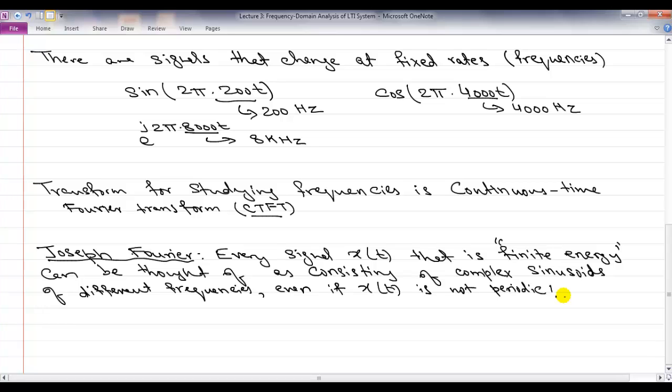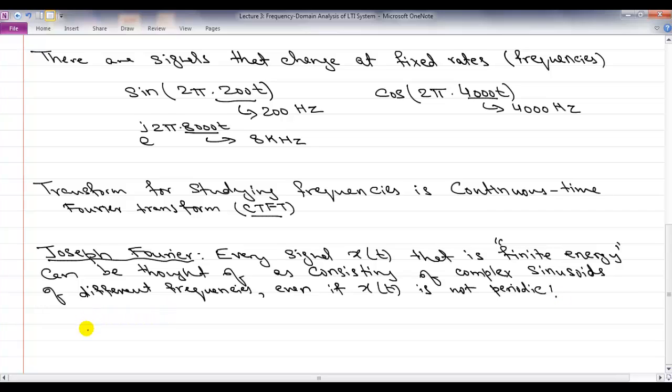But what Joseph Fourier said was that if you give me any arbitrary signal, even though I can't associate one frequency with that signal, I can show that it is made up of many, many frequencies. Okay? And the mathematical way of doing that, we call continuous time Fourier transform. So continuous time Fourier transform is really the key to understanding the frequency content of signals or impulse responses of systems.